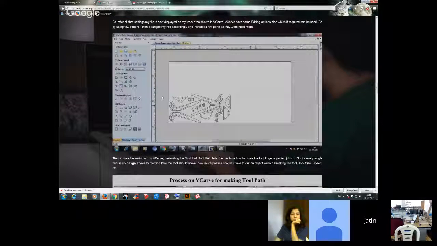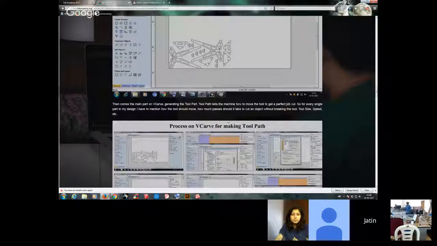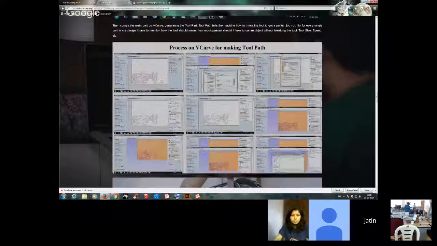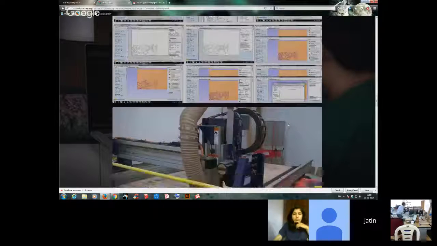Then I opened my design file and made some modifications, like increasing the number of joints by copying and pasting. This is the whole process I did in VCarve: making the tool path, adjusting the bit diameter and bit step down for cutting, and making the inside and outside tool paths for what I have to cut.